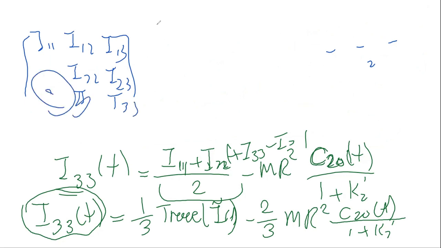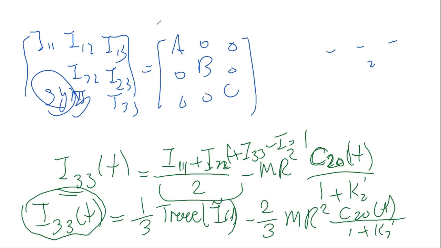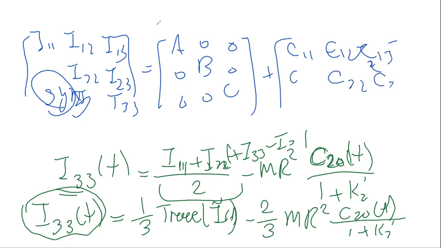These are symmetric. It is A, B, and C, a diagonal matrix, plus C11, C12, C13, C22, C23, and C33.